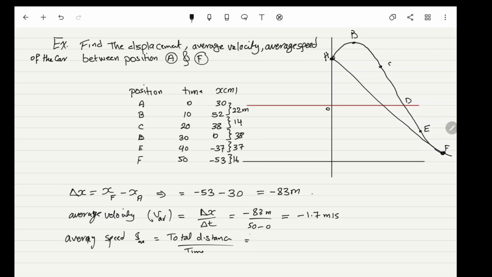So the total distance is 22 plus 14 plus 38 plus 37 plus 16, divided by the time. The time between A and B is 10, B and C 10, and so on, until F is 10 each. So the time is equal to 50, which gives 127 divided by 50, and simply it's equal to 2.5 meters per second.